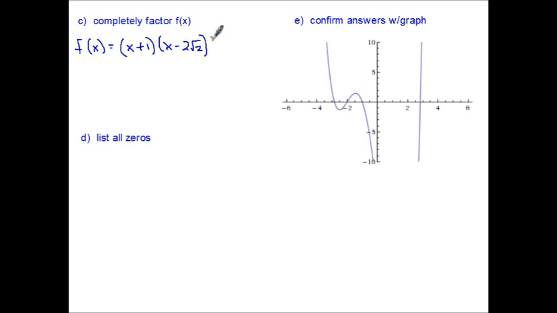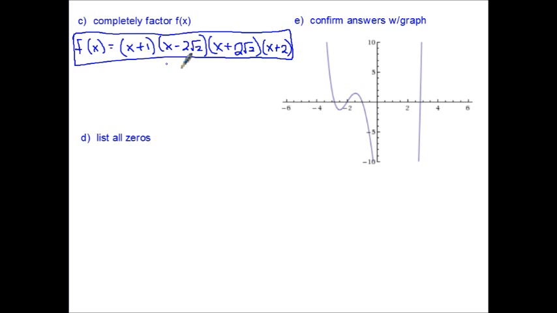And then by part B, we figured out the other 2 factors, which were x plus 2 root 2, and x plus 2. So there's the completely factored version of that guy. You could write it in a little different order if you wanted to, but because it's all multiplication, the order doesn't matter. So there you go.